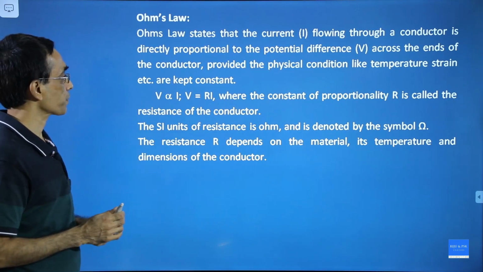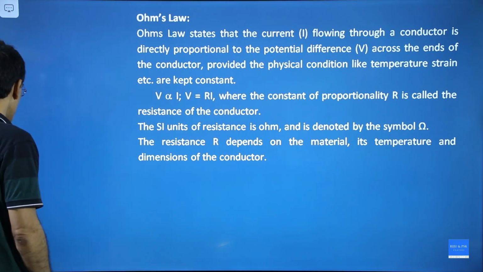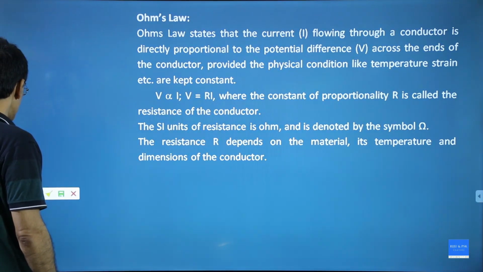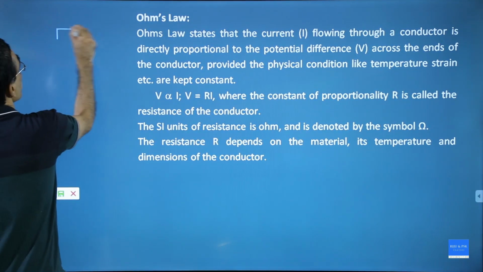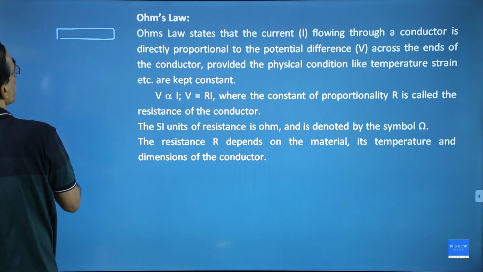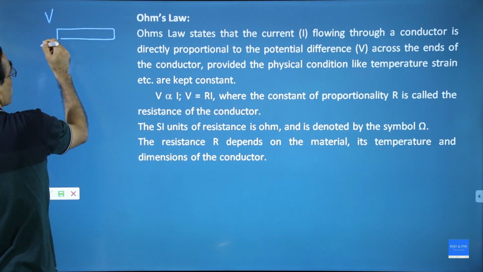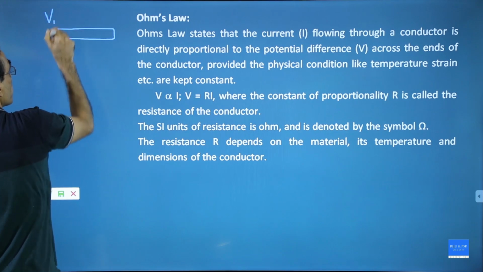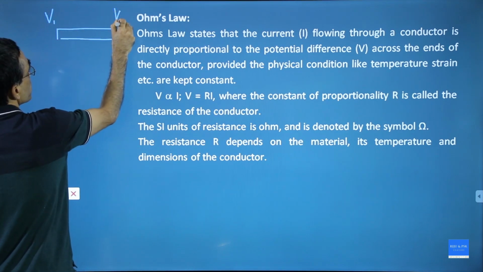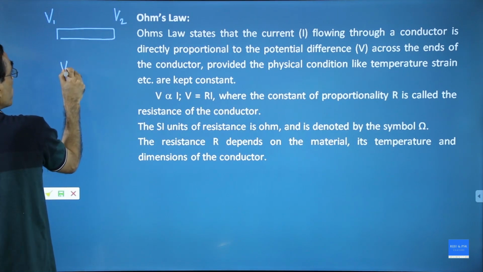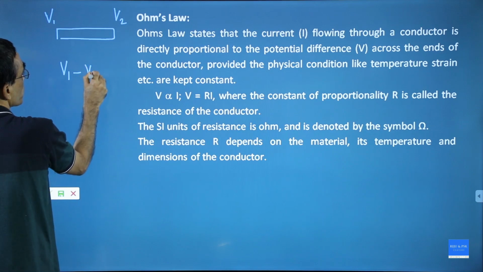That is the idea. Now, if you have a conductor here, okay, and this side has got a potential V1, this side has got a potential V2, then the difference in potential is V1 minus V2.